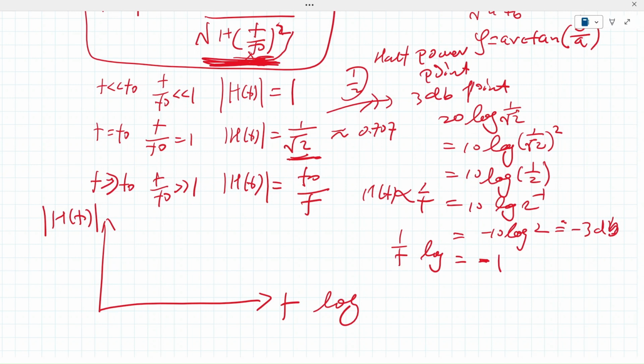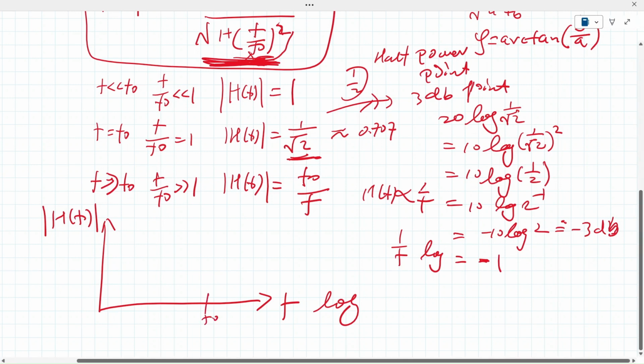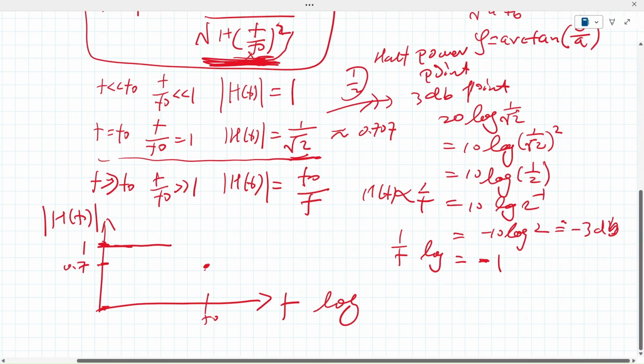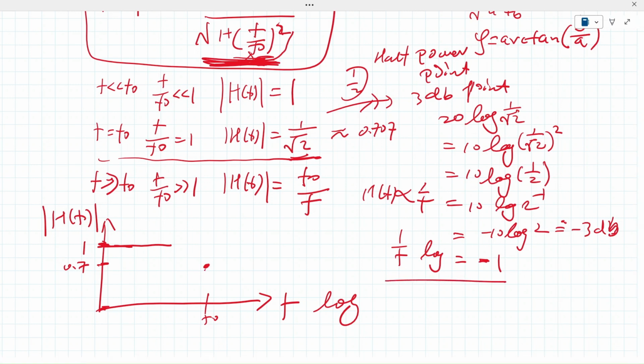Okay, and here is f naught, and at lower frequency, H(f), the amplitude, equals 1. It's like this, and at the cutoff frequency it is attenuated to about 0.7, so the cutoff frequency will be somewhere here, and at higher frequency, as we know, it will be a -1 slope straight line.